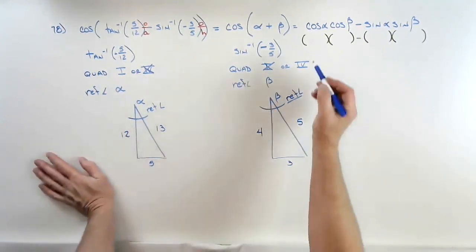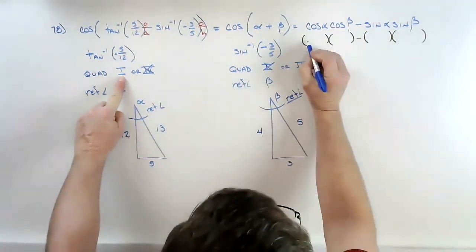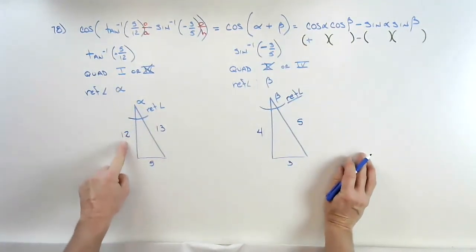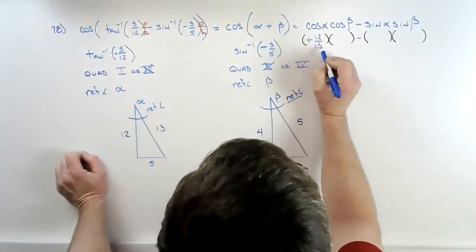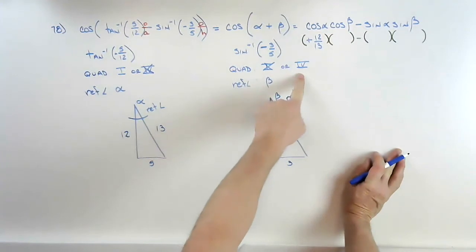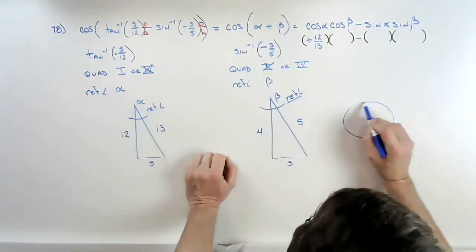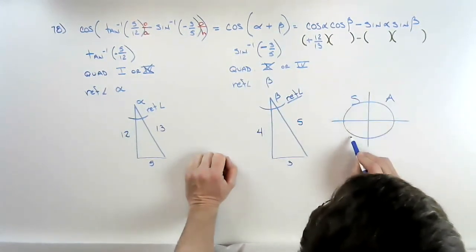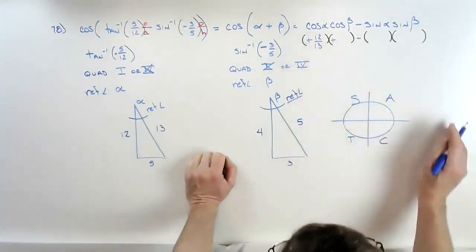If I need the cosine of alpha, I'm in quadrant 1, so I put a plus. Cosine is going to be 12 adjacent divided by 13. I need cosine of beta. Beta's right here. Beta's in quadrant 4. In quadrant 4, cosine is again positive, so I'm going to put a plus.